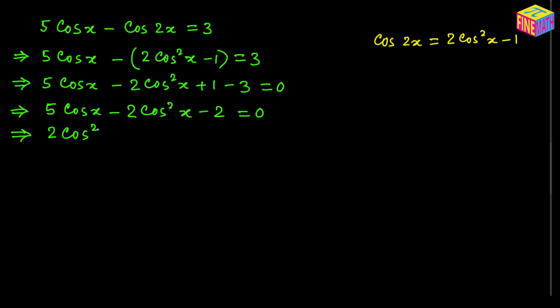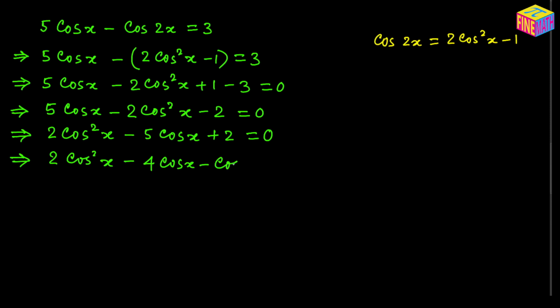I am just rearranging them a little bit, and then negative 5 times cosine of x and positive 2 is equal to 0. Now let's try to factor them on the left hand side. We can say this is 2 times cosine square of x minus, we can expand it as 4 times cosine of x and then minus cosine of x, plus 2, all of that is equal to 0.